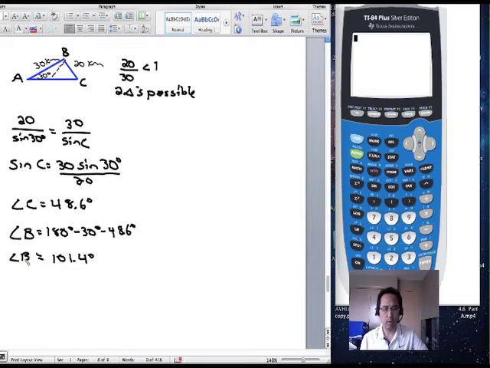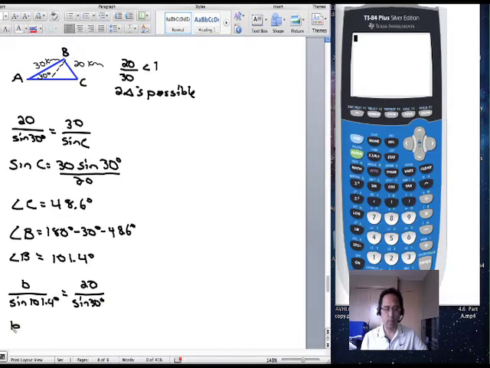Okay, so we've got the three angles of the triangle figured out. The last thing we have to figure out is what line segment B is going to be. So let's go B over sine 101.4 is going to be equal to, let's say, 20 sine 30 degrees.